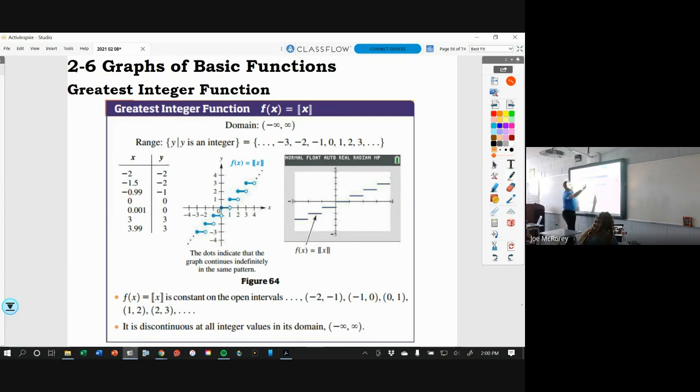So an example, if I said what is the greatest integer of 2.6? Anytime you have a greatest integer, it's like a double bracket looking thing. If you see the double bracket, that means greatest integer. Sometimes it might look like a bold bracket. So be careful that you don't think the greatest integer is an absolute value or vice versa.